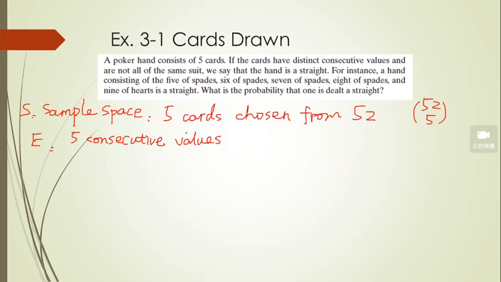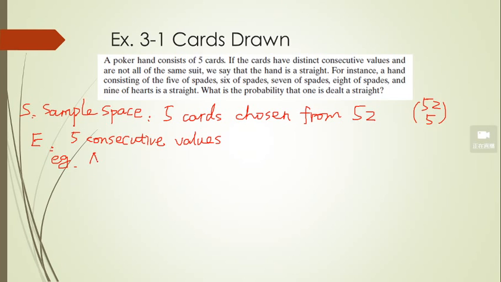For example, you can have 5 consecutive values. I'm not talking about the suit first, I'm talking about the value first. Let's focus on the value first and figure it out one by one.